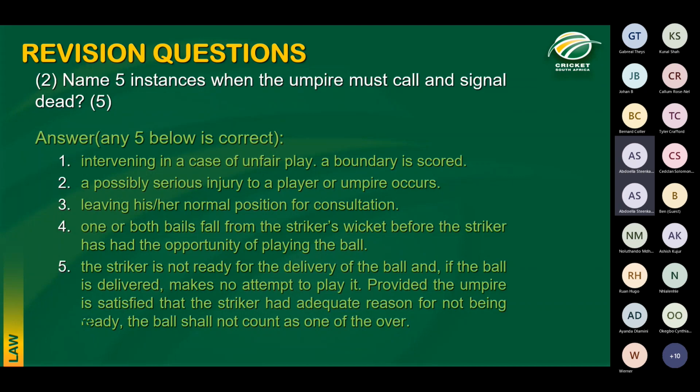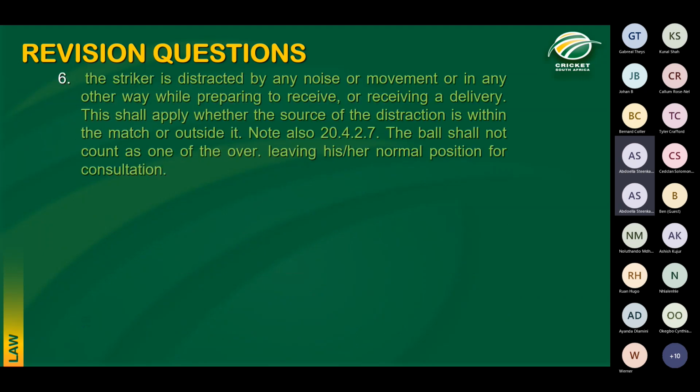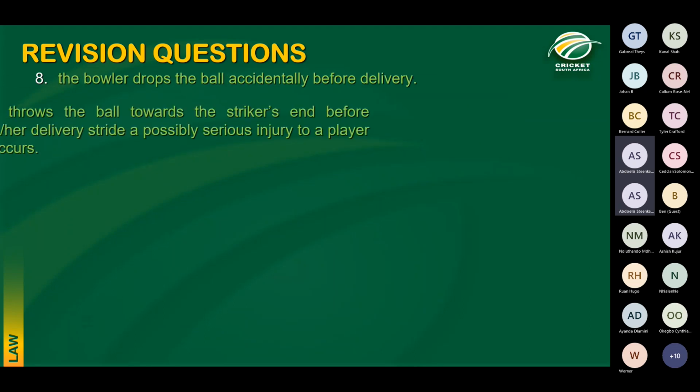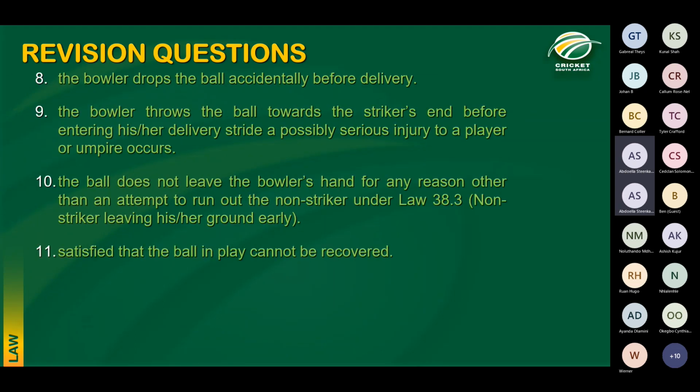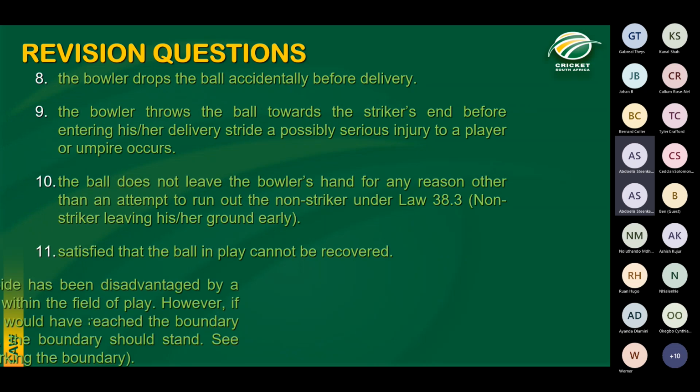Striker's not ready for the delivery of the ball and makes no attempt to play it, call and signal. Striker distracted by any noise or movement or in any way preparing to receive the delivery, call and signal dead ball. There are 14. I'm not going to go through all 14 of them, but only 5 will do.